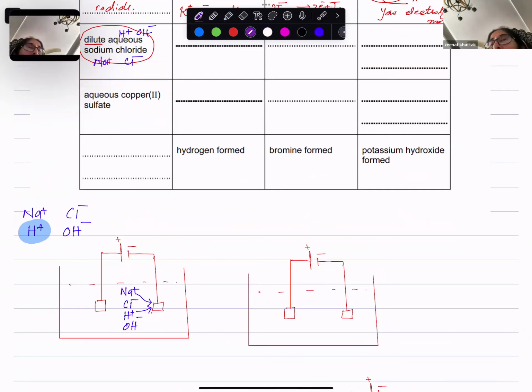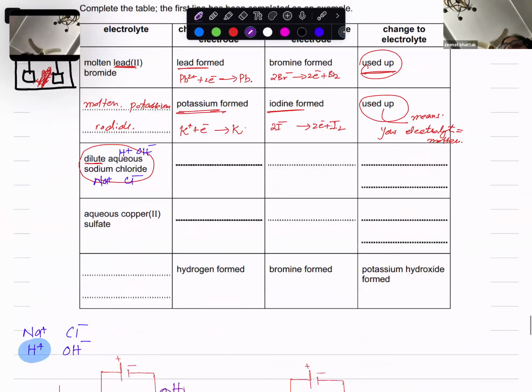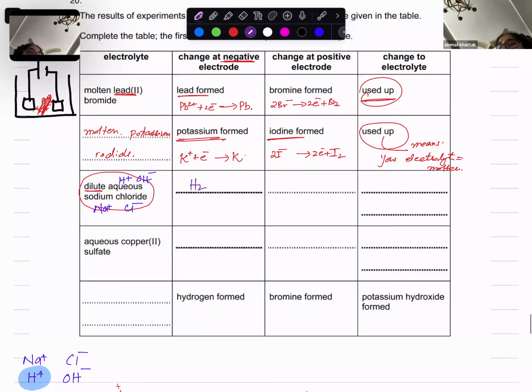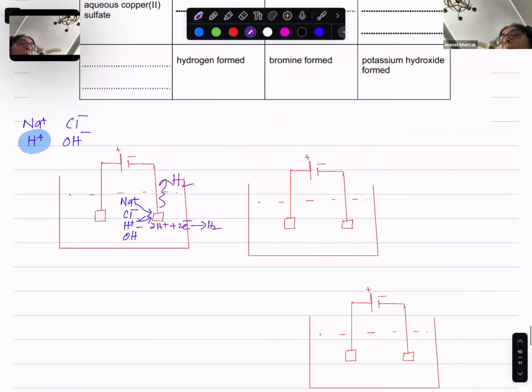The reaction is 2H plus gain 2 electrons to form hydrogen gas. Bubbles of colorless gas at the cathode. Hydrogen is formed.